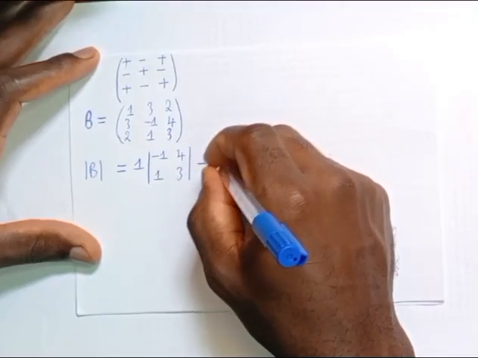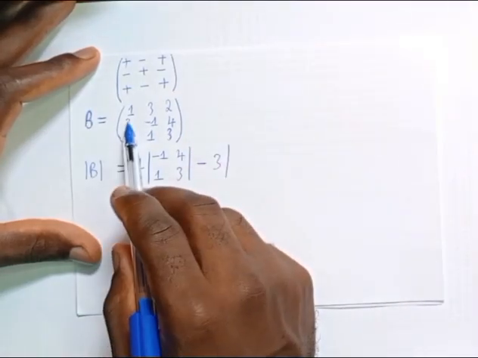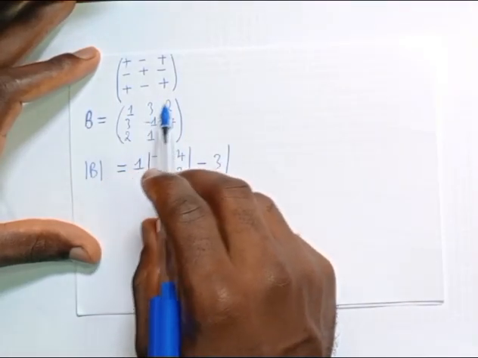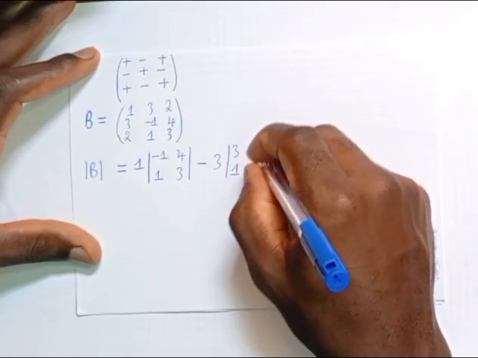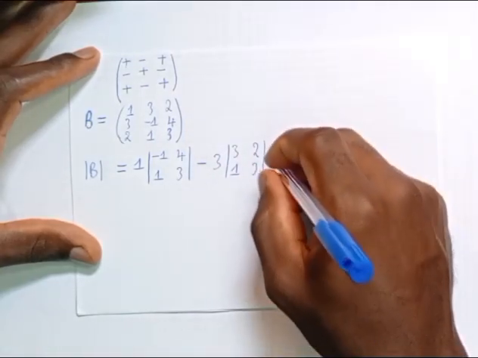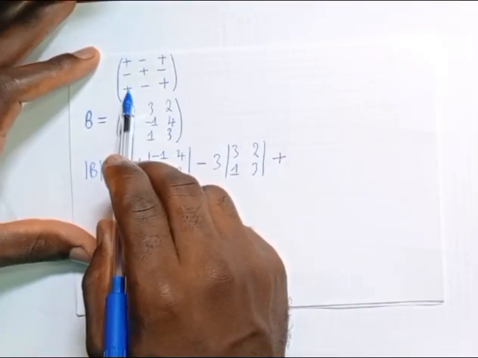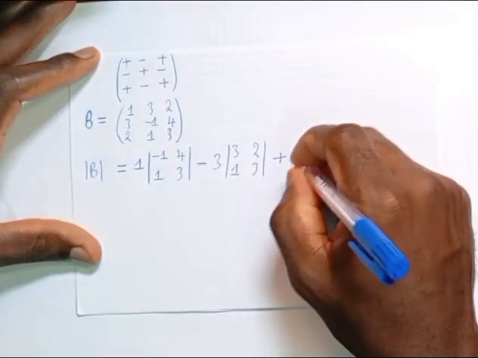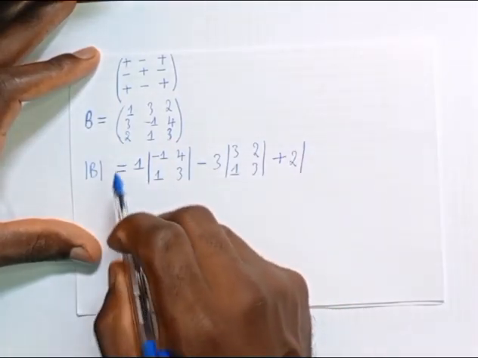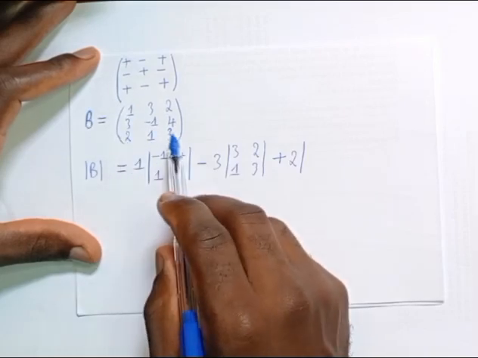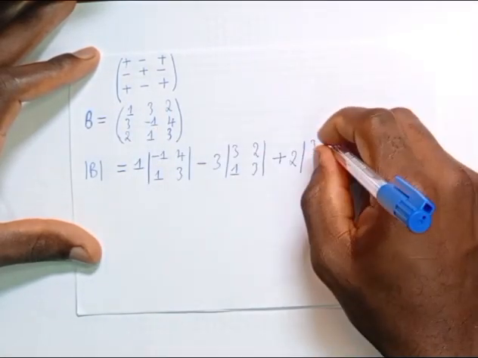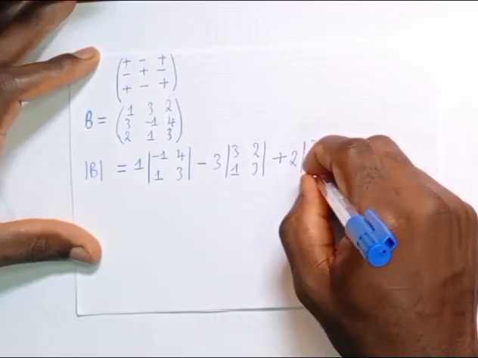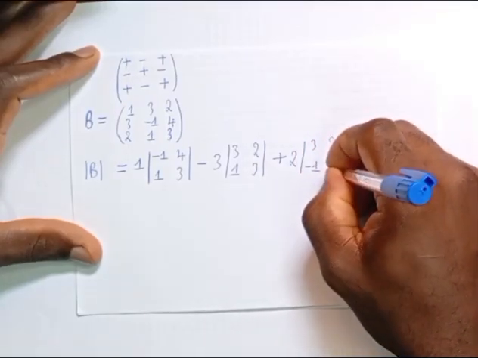We write down minus 3 times, suppressing this and this, we're left with 3, 2, 1, 3. Plus, the sign rule says it is positive, 2 times the determinant of the 2 by 2 matrix, which is formed. Suppress this and this. We will be left with 3, 2, negative 1, 4.